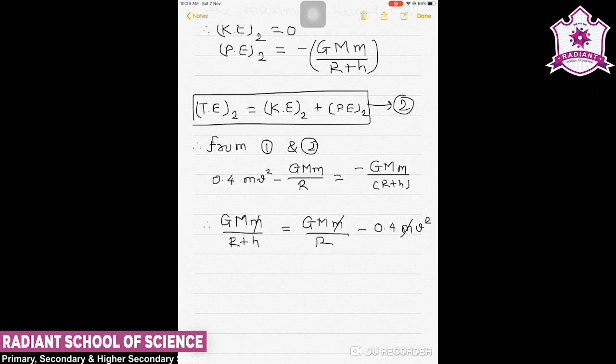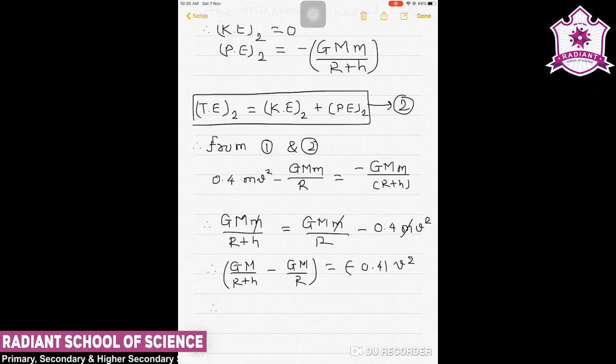Now if we simplify the remaining terms, we have GM over R plus h minus GM over R is equal to minus 0.4 v square.